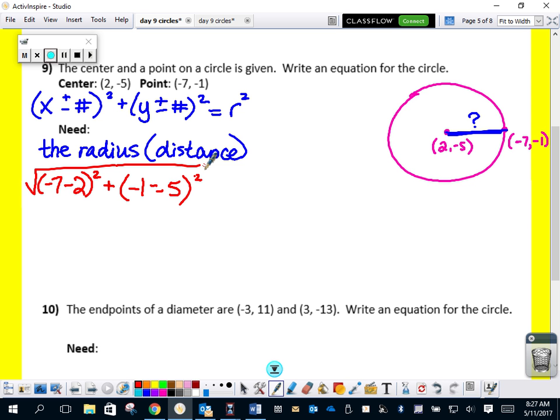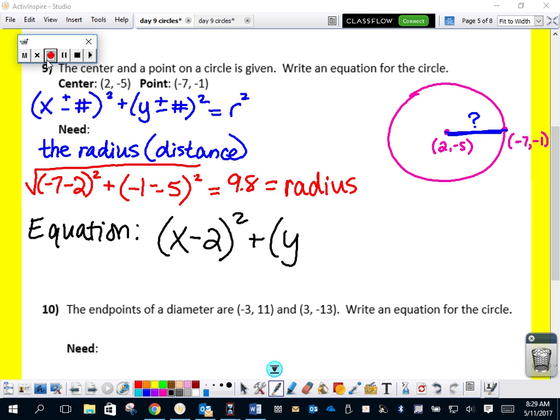I believe it is going to be a decimal, so round it to the nearest 10th. Okay? Round that to the nearest 10th. Y minus negative 5, which turns into what?